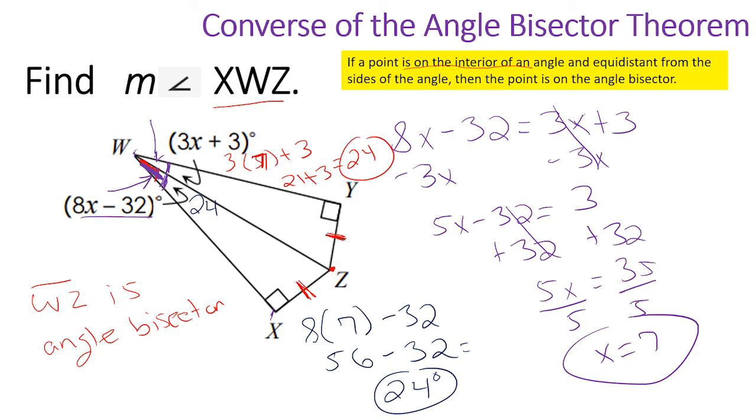So just double checking, they should be congruent. We're asked to find the measure of angle XWZ, and that of course is 24. So we've used our knowledge of the angle bisector theorem and its converse to solve these two problems.